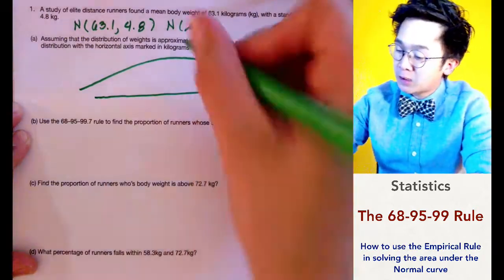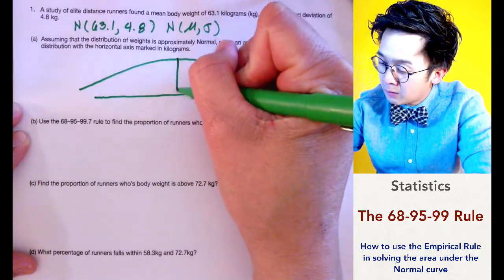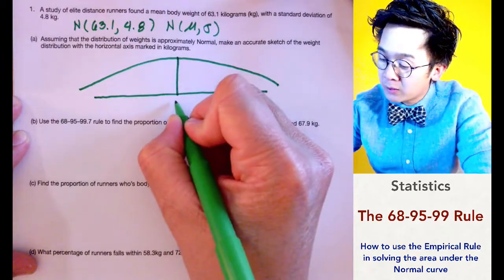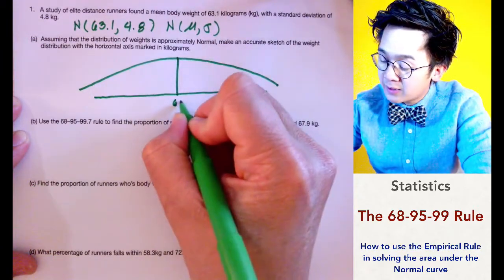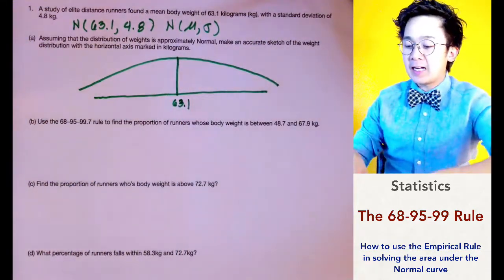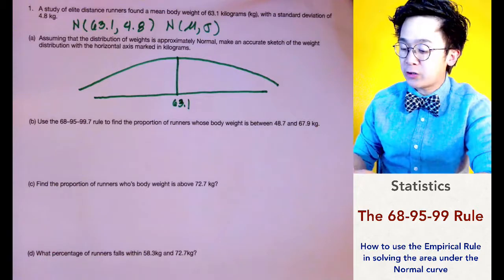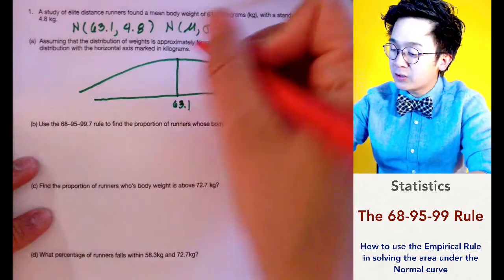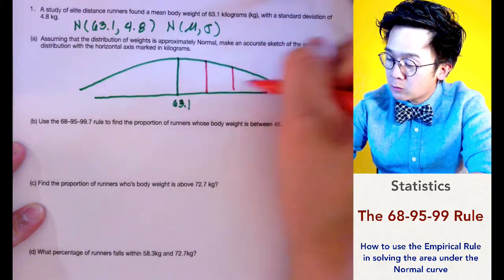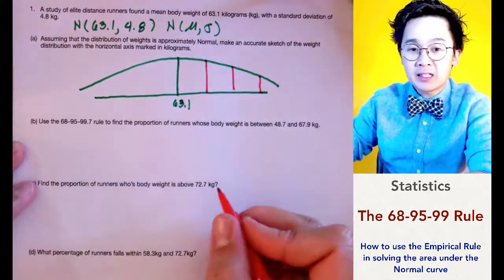At sa bell-shaped curve, yung middle or yung half ng ating normal distribution, yung ating mean, 63.1. Now, kailangan natin ng 3 standard deviations kasi yun yung empirical rule natin. So, meron tayong 1, 2, 3 standard deviations.